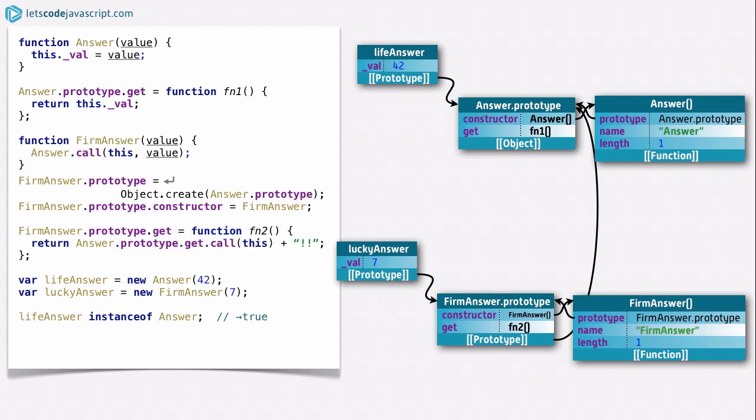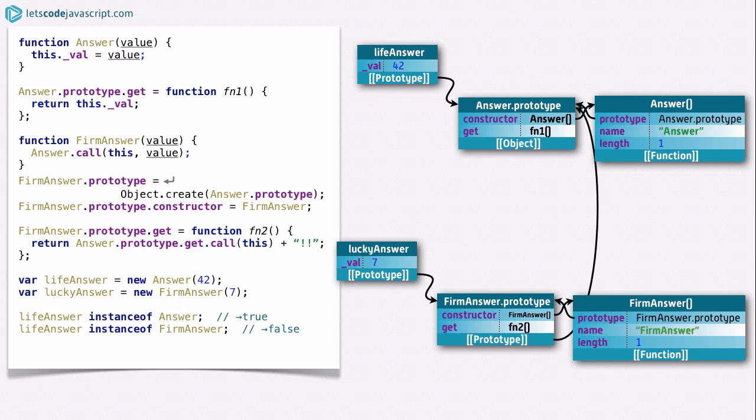And intuitively, we know that's true, but how does JavaScript know? Well, here's what happens. First, it looks at answer.prototype, not answer's prototype, but answer's prototype property. Then it looks at life answer's actual prototype. And if those two things are the same object, then yes, it's an instance.